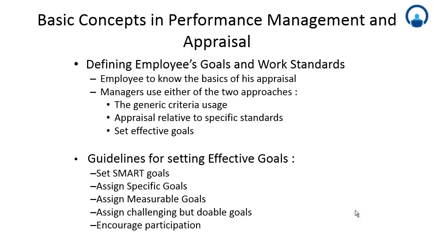He should make them challenging, that is, the goals should be challenging but at the same time should not be that difficult that they appear impossible or unrealistic. Encourage participation. Participatively set goals, usually because it produces higher performance, thereby giving a cutting edge to the organization and the goals set to achieve.